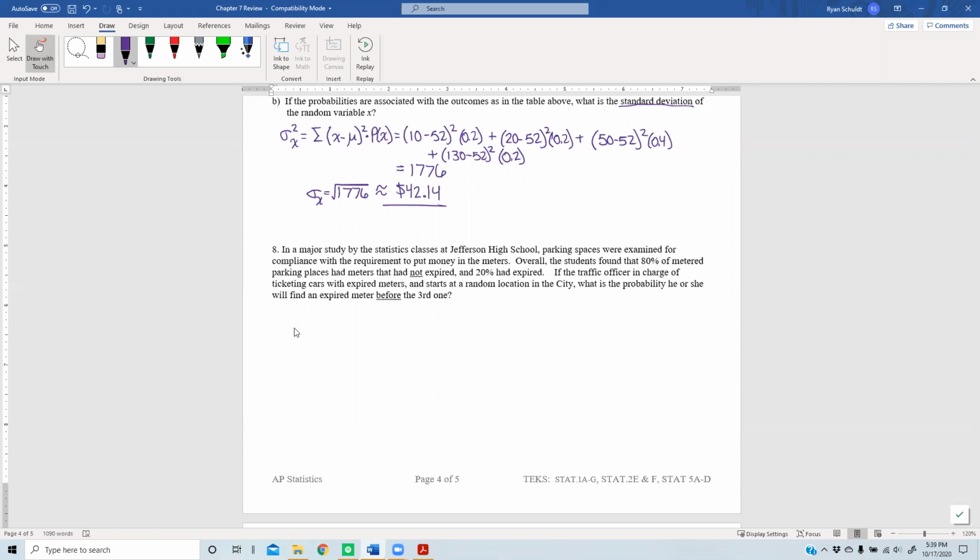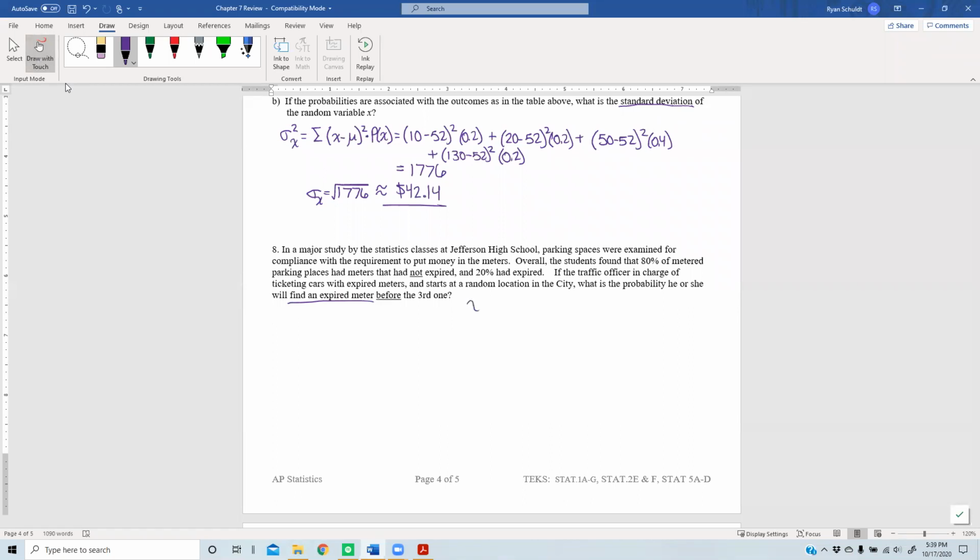If the traffic officer in charge of ticketing cars with expired meters starts at a random location in the city, what's the probability that he or she will find an expired meter before the third one?